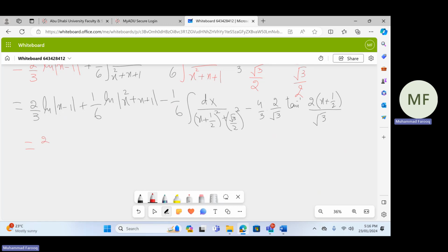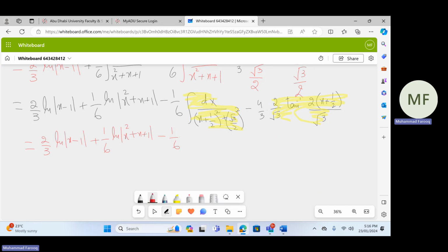And finally, this is 2 over 3 ln x minus 1 plus 1 by 6 ln x squared plus x plus 1 minus 1 by 6. Now please look here. This part I just copy and paste, because they are the same.